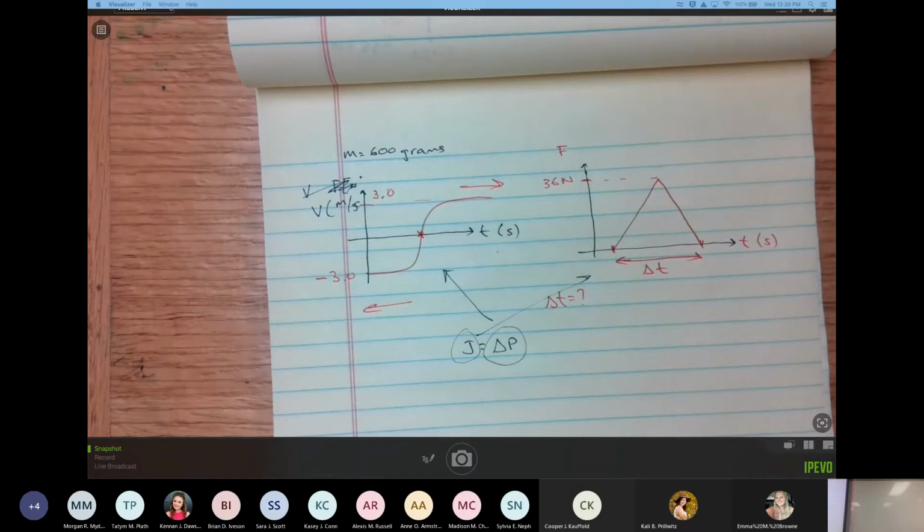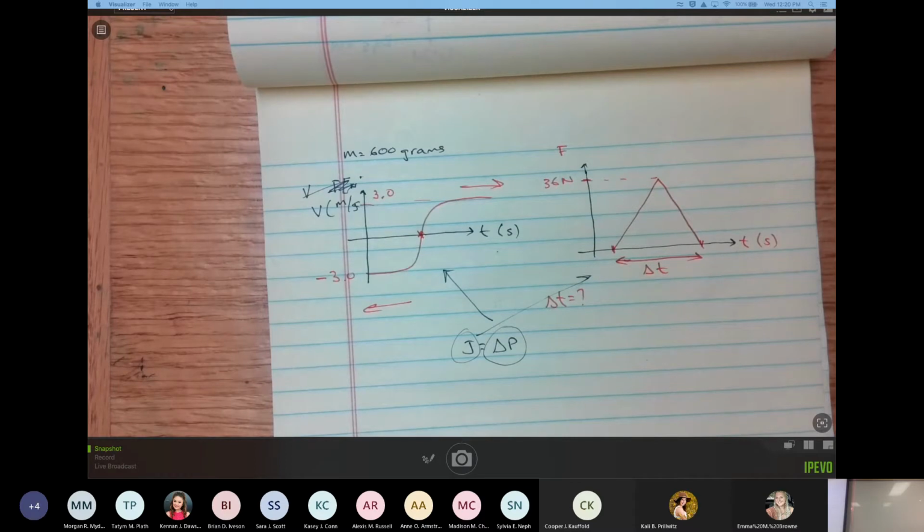600 grams. I think so. So this one gives you the initial velocity, and it's gonna give you the final velocity.